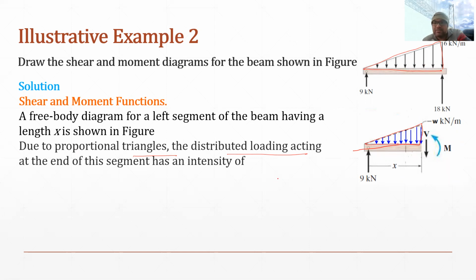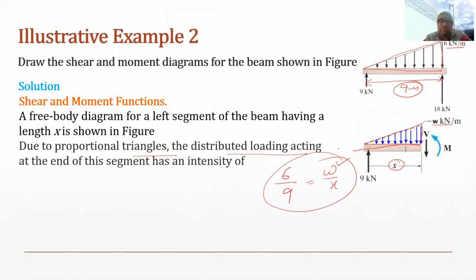So we can write 6 by 9, because this is 9 meter. So 6 by 9 will be equal to the ratio of W by X. And using this proportion, we can easily find out the value of W, which will be 2 by 3x.